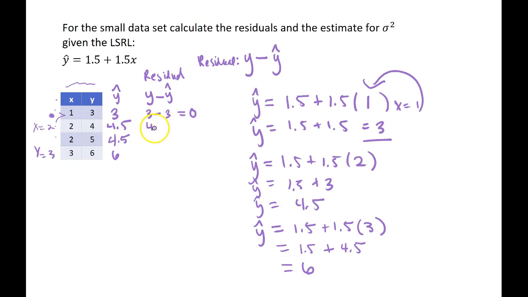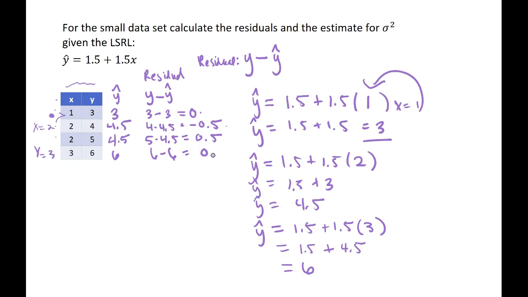Then 4 minus 4.5 is equal to negative 0.5. 5 minus 4.5 is equal to a positive 0.5, and 6 minus 6 is equal to 0. So our residuals are 0, negative 0.5, 0.5, and 0. So we've calculated all the residuals for our least squares regression line and for this small data set.